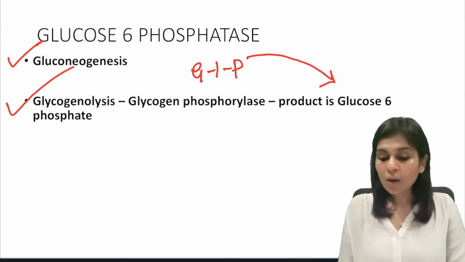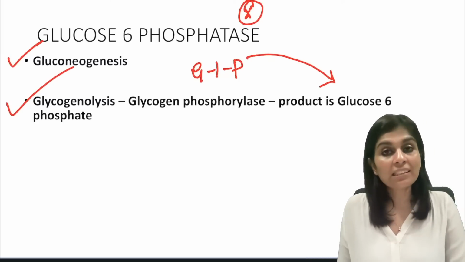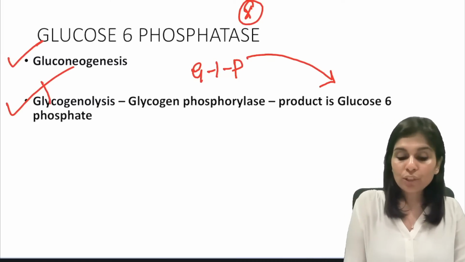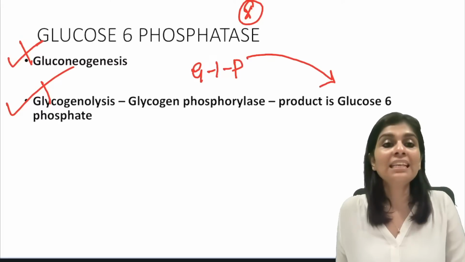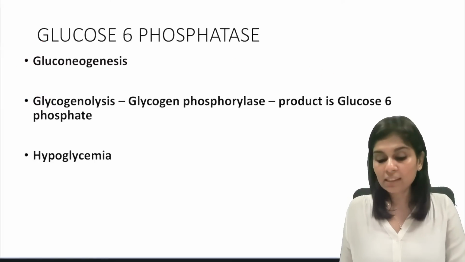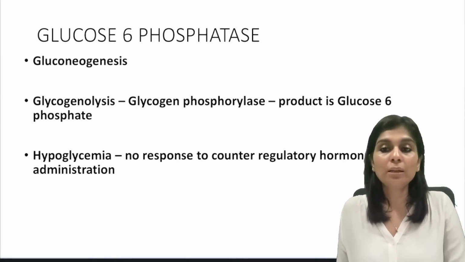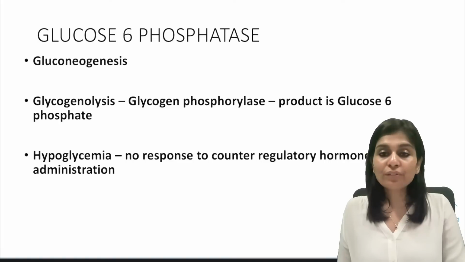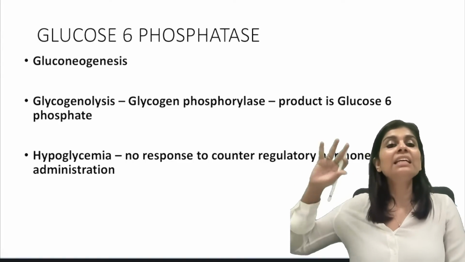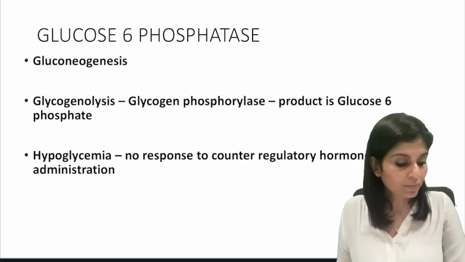What is expected in von Gierke's disease? Both glycogenolysis and gluconeogenesis cannot increase blood glucose. So it presents as hypoglycemia which does not respond to counter-regulatory hormone administration, because none of these hormones have any other pathway to increase blood glucose. Is that clear to all of you?